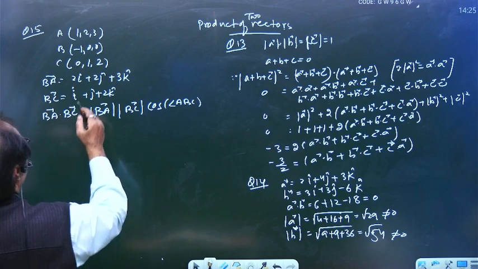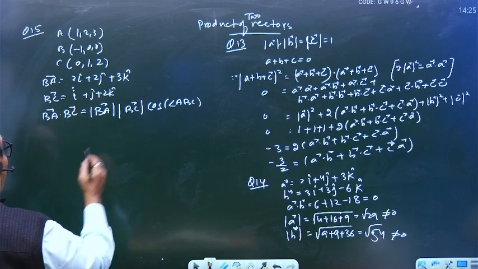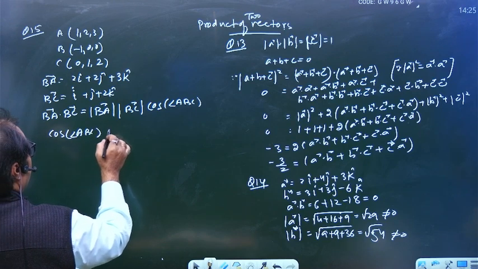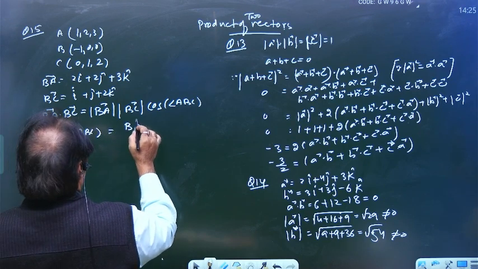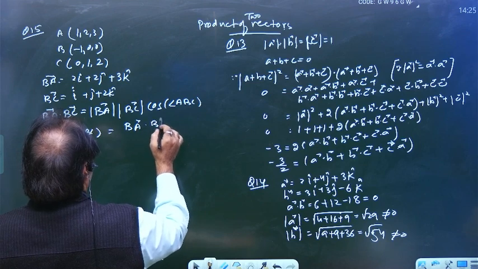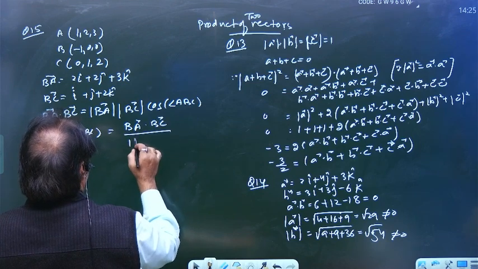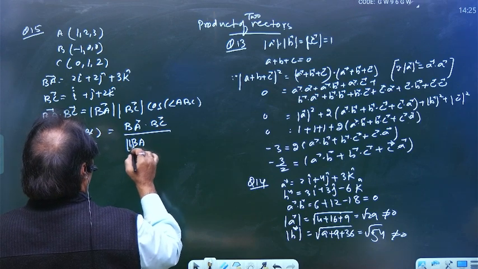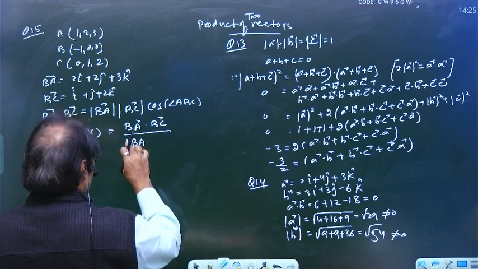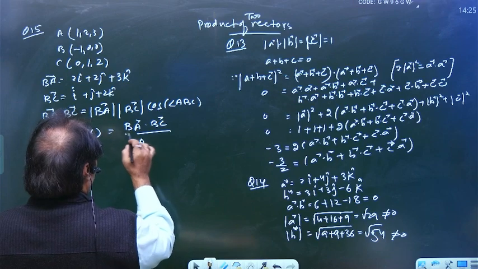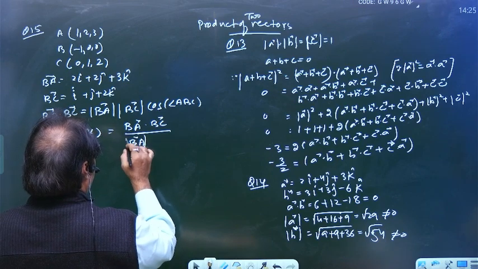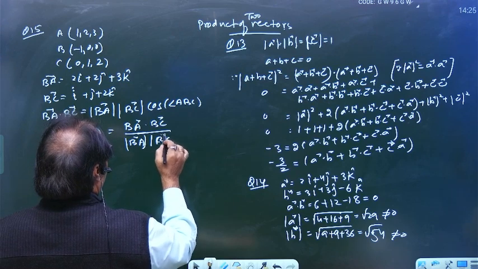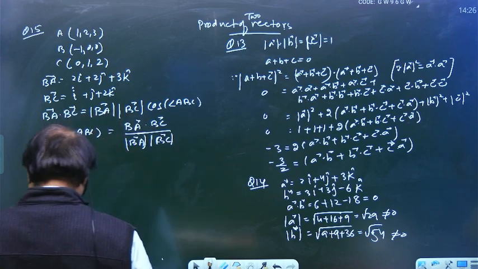So now find the cos of angle ABC, which is equal to BA dot BC upon magnitude of BA into magnitude of BC.